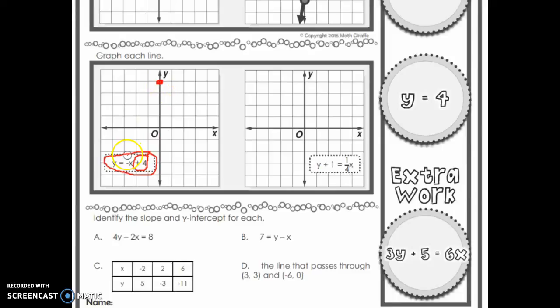Now, the slope is just -x. Remember, if there is no coefficient, it's assumed to be what? Yeah, 1. So it's -1. That means I'm going down 1 over 1. Down 1 over 1 to the right. Down 1 over 1. Zoom.